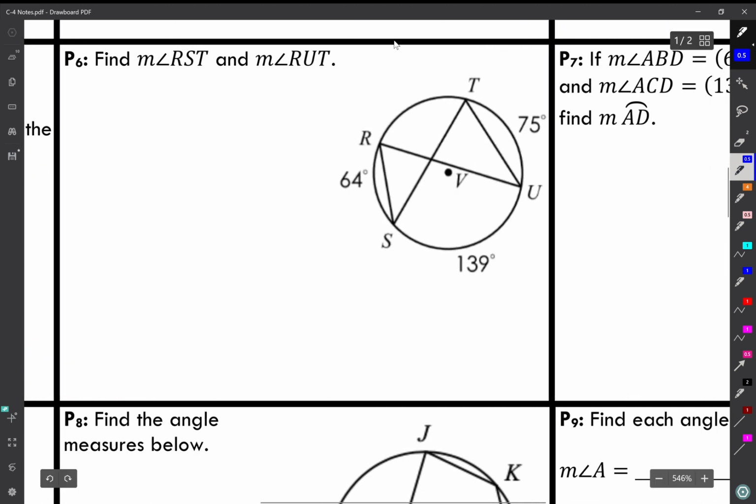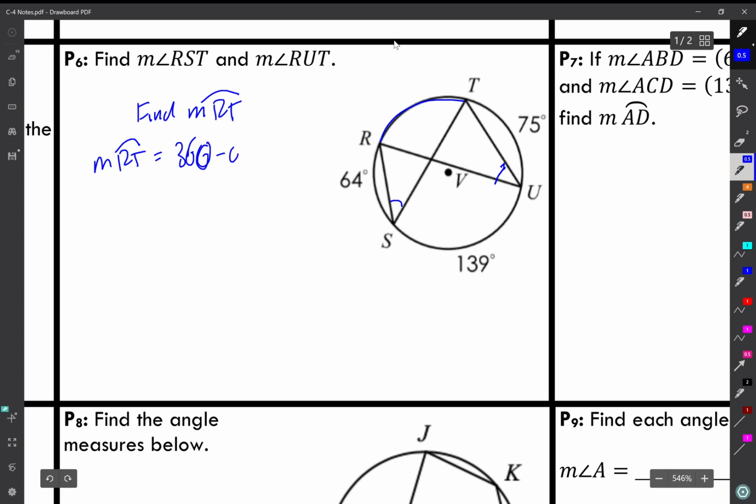All right, let's look at some problems here. Find the measure of angle RST and the measure of angle RUT. So notice that they both intercept arc RT. So find arc RT. And we can do that by doing 360 minus the other three arcs that we have here.